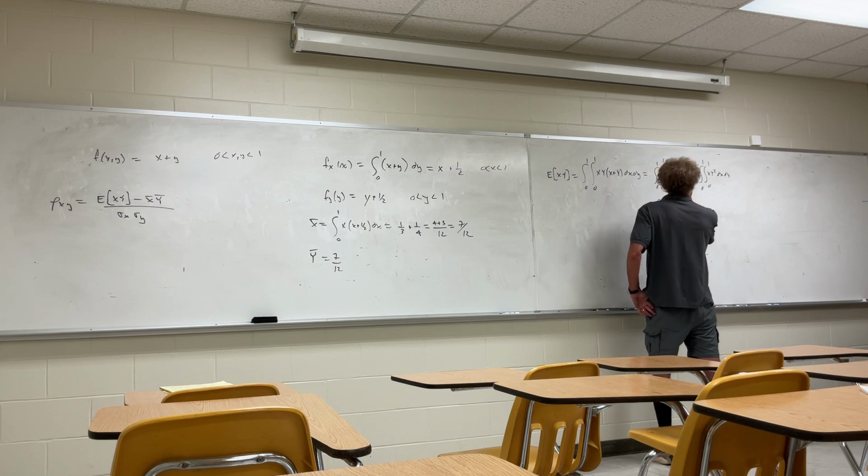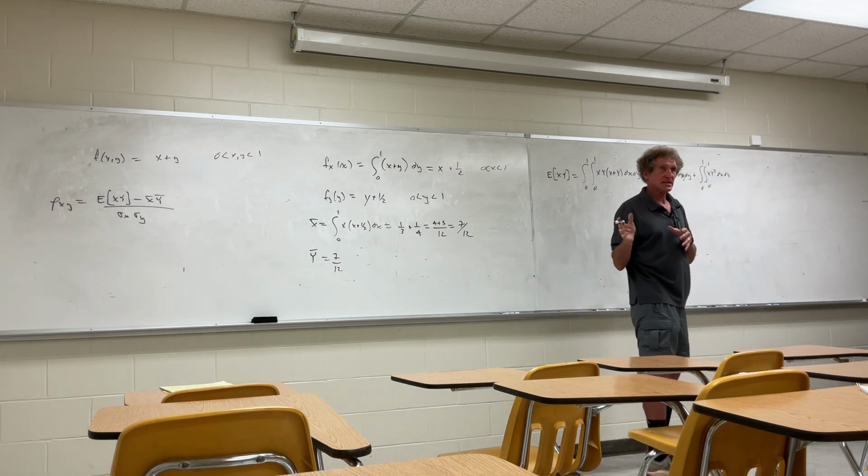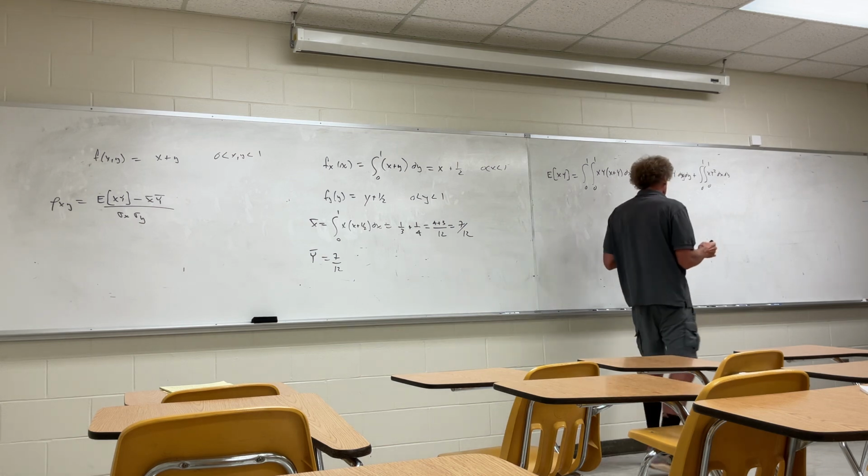Then I take y dy, or y squared over 2, from 0 to 1, which is times 1/2. I multiply by 2 because there are 2 exactly identical integrals in terms of the results. Agreed? And you can see that's 1/3.